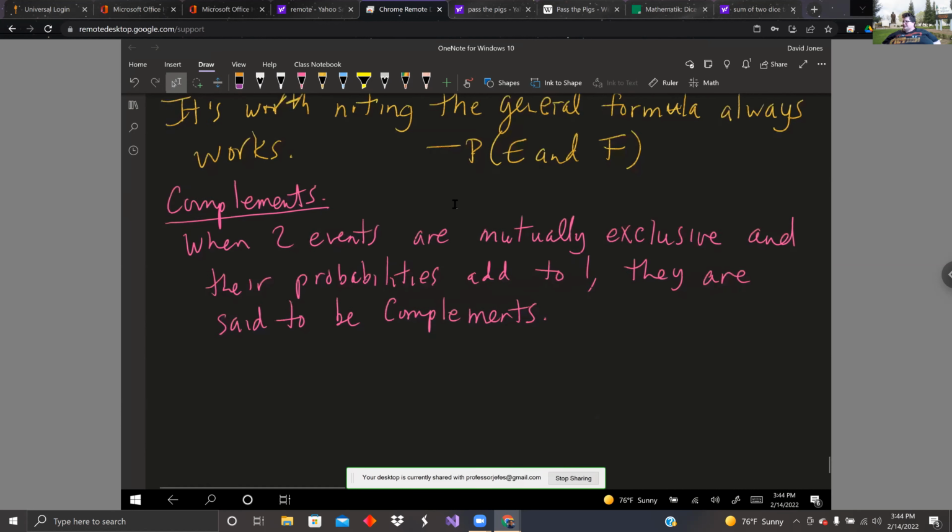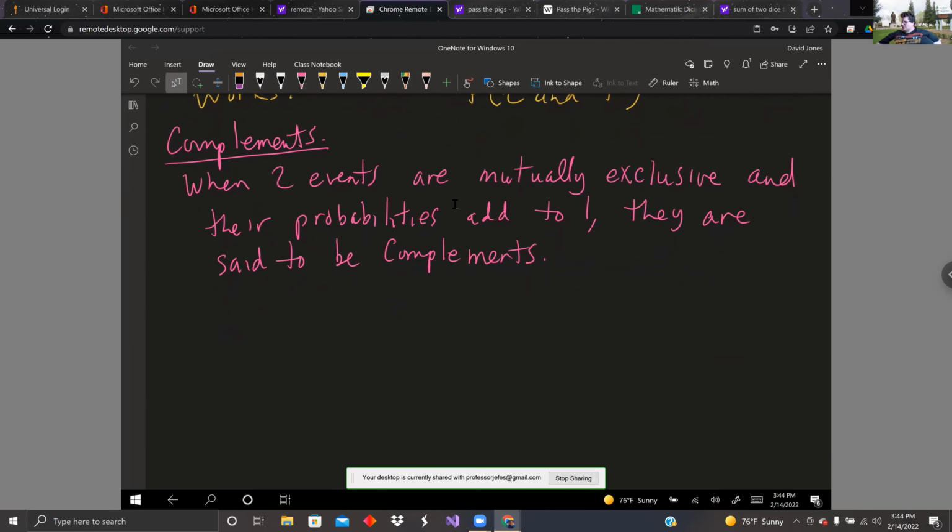And I'm going to go back to the deck of cards for this one because I want to point out how sometimes there's more than one way of looking at it. Recall for cards, we have hearts, which I'm just going to call an H, diamonds, clubs, and spades for suits, 4 suits.